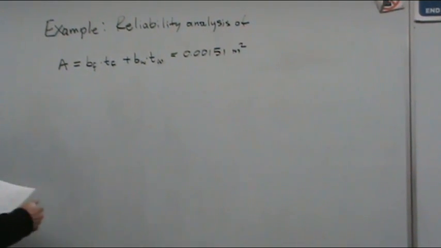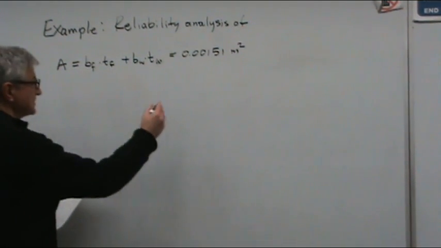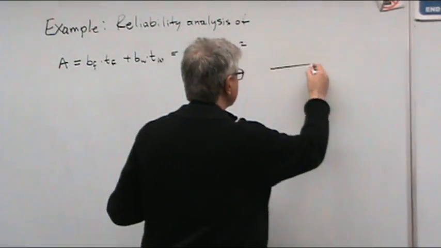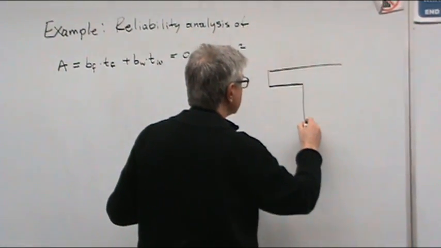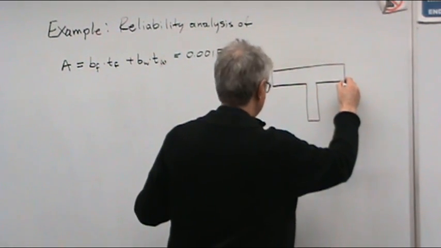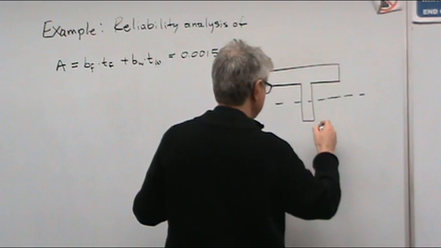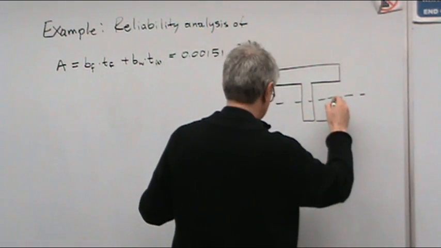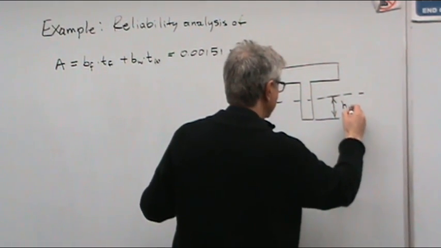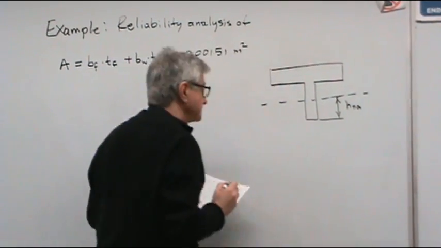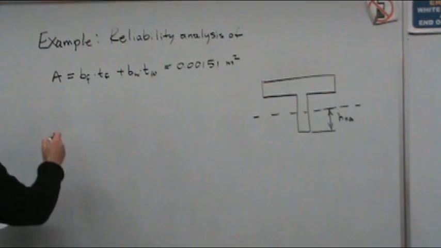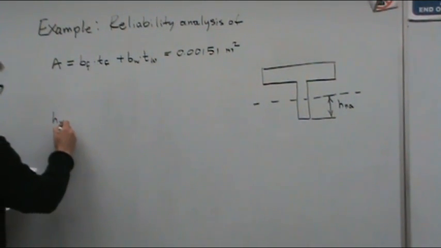We want to find the neutral axis. So if this is the cross section, we want to find the neutral axis.